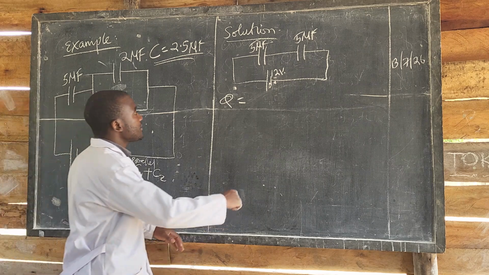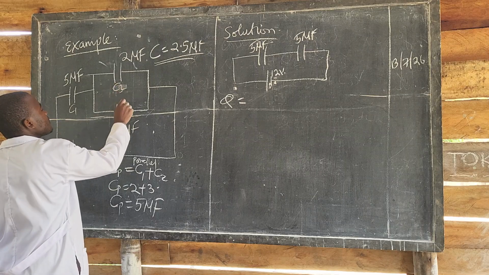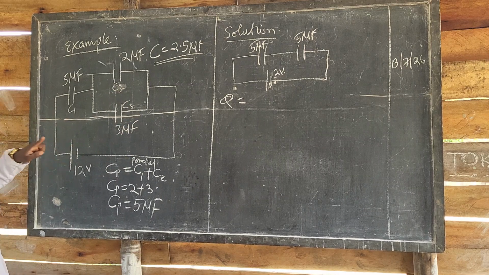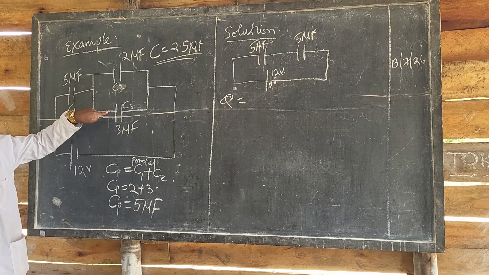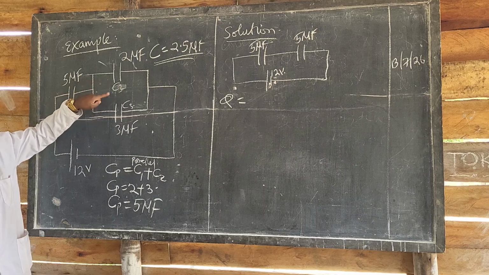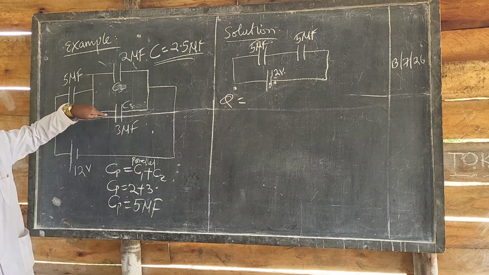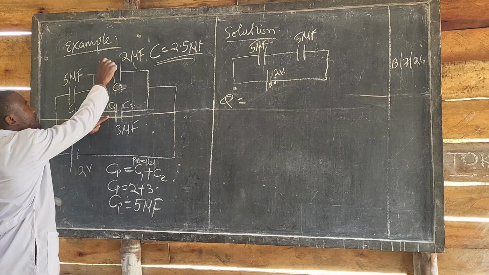If we call this capacitor C1, this C2, then this C3. The charge on these two is not going to be the same because they are in parallel, so we shall have charge Q3 and charge Q2.